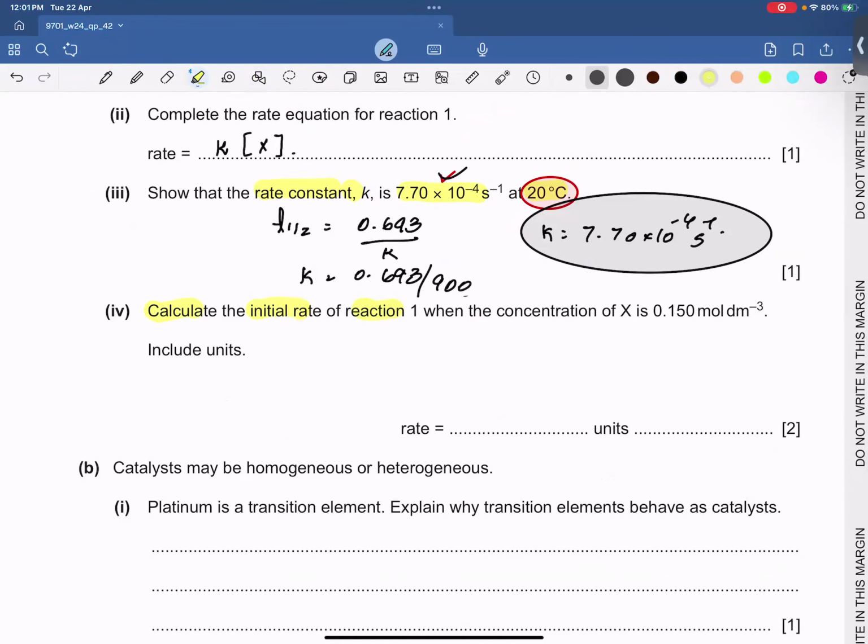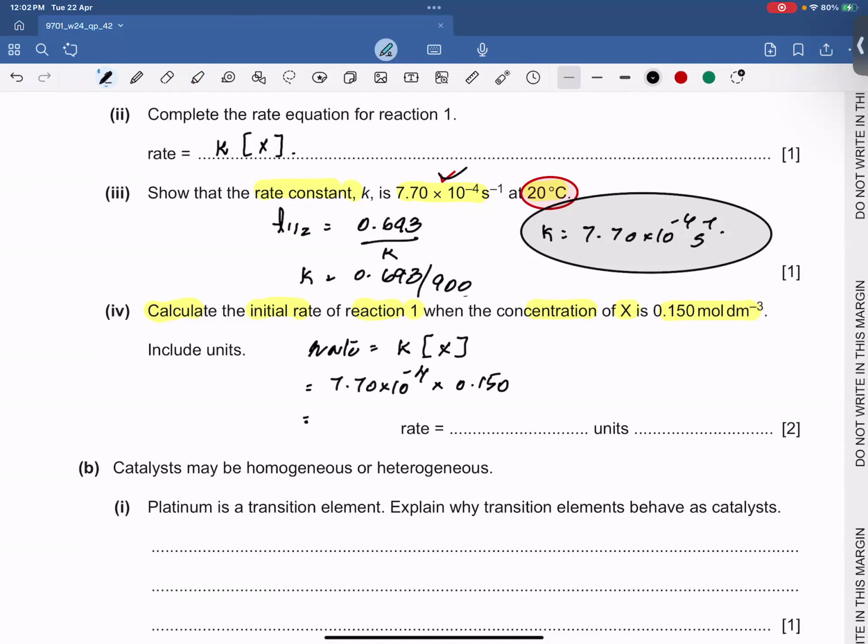Calculate the initial rate of reaction 1 when the concentration of X is this. Now I'm going to use the format that I used a little while ago. The rate equals K concentration of X. I need to find the value of rate. The value of K is already calculated in the previous part, which is 7.7 into 10 to the power minus 4. Concentration of X is going to be 0.150.